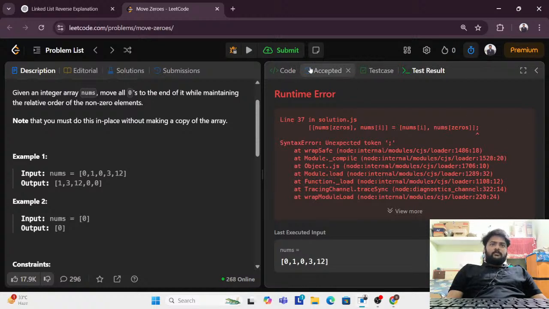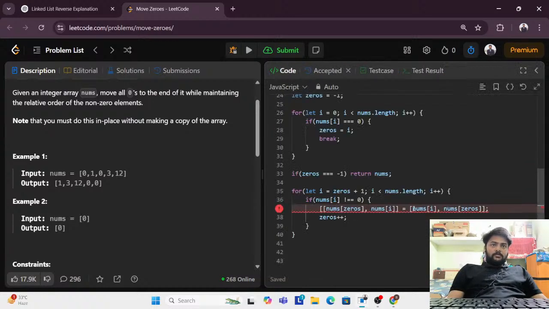It's giving an error for the semicolon as well. I really need to find what's wrong.